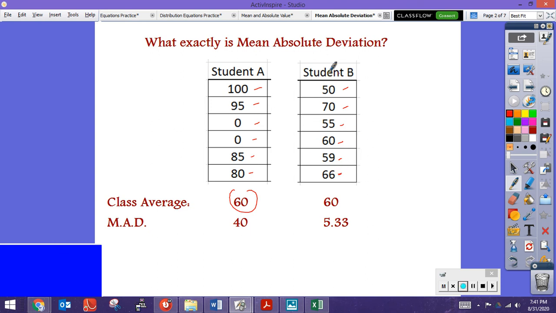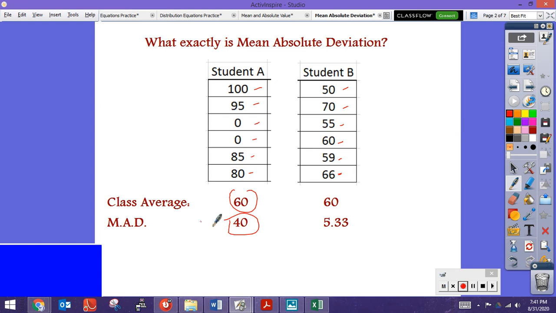If you have numbers all over the place, a very high number, a very low number, then that mean absolute deviation is going to be a lot bigger, because all these numbers are so far apart from each other and from the average. In a nutshell, that's what mean deviation is.